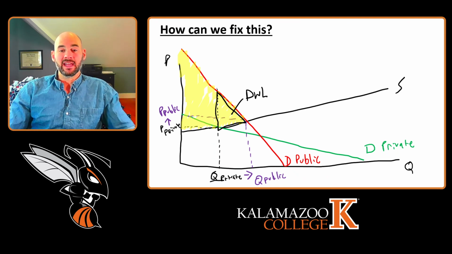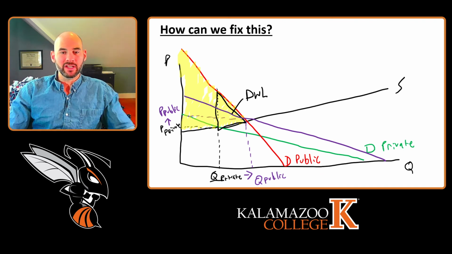So what does this look like in a supply and demand framework? Well, if we remember that taxes shift supply and demand curves to the left and subsidies shift supply and demand curves to the right, then we could, if we knew the exact equations and the shapes of these lines, have a new demand curve which would treat this good like a private good, but it would run directly through this point so that the Q public would now equal Q private plus a subsidy.